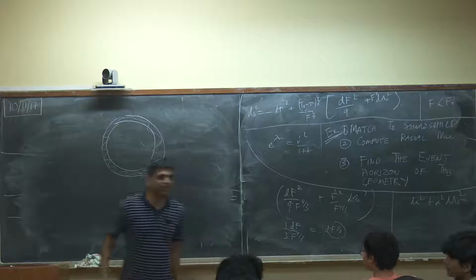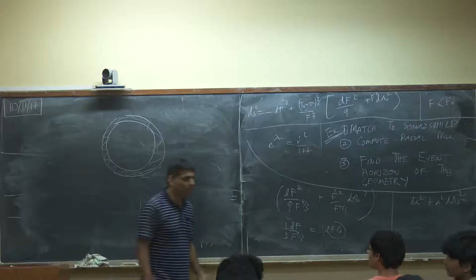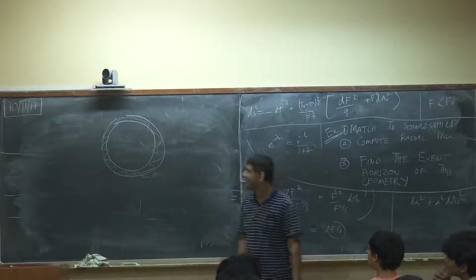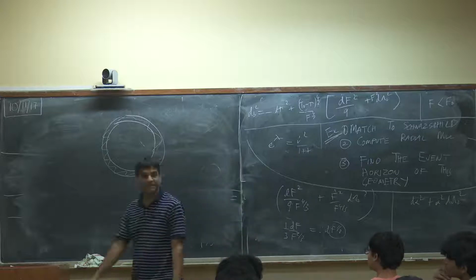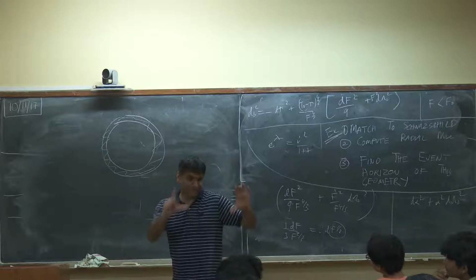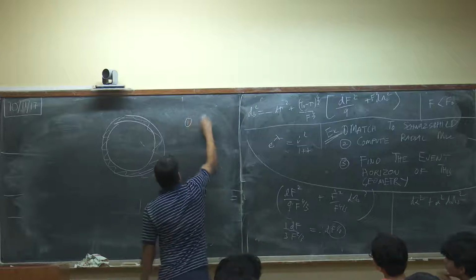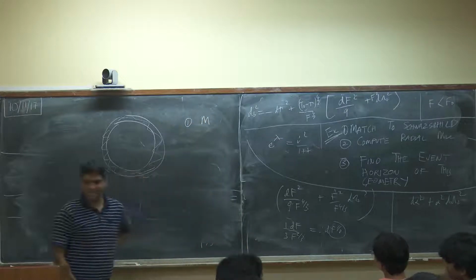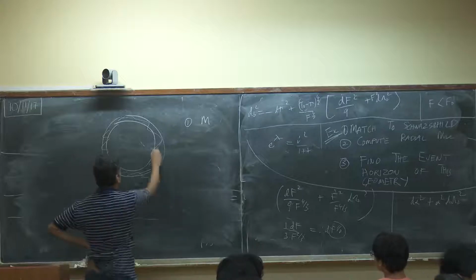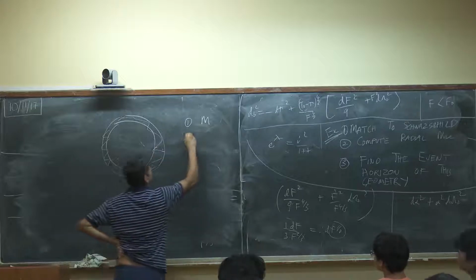Now, before we start getting a computer, you should have some rough idea about what you should expect. So let's parameterize this pulse of the minimally coupled scalar. Of course it's got a lot of parameters, but there are two important ones. The first one is its mass, m. The second one is some measure of its thickness.